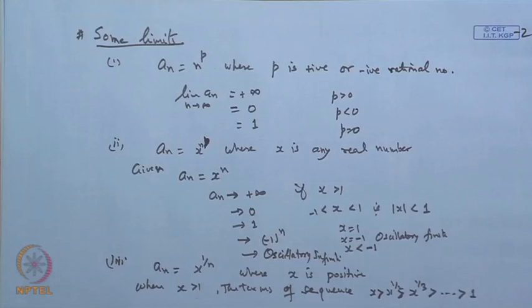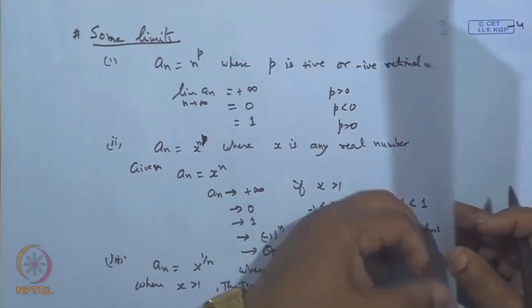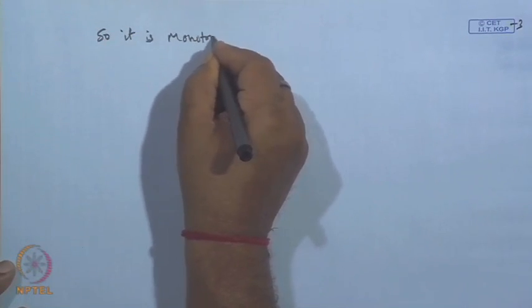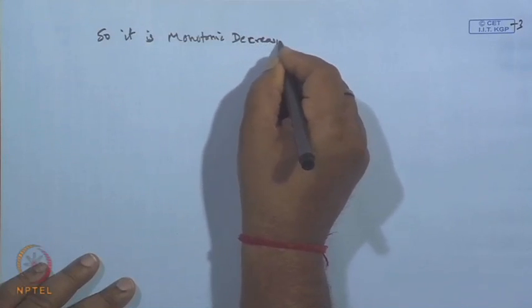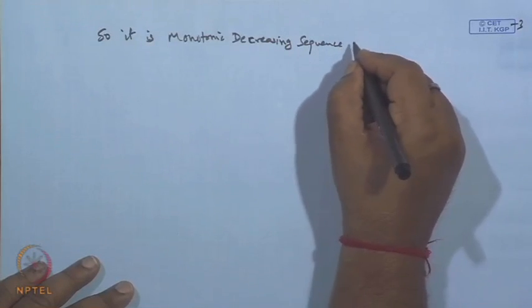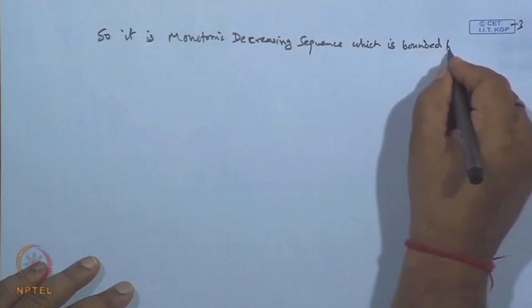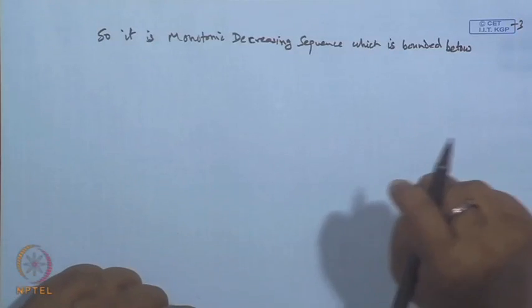It means it is a monotonic decreasing sequence bounded below, is it not? So, it is a strictly decreasing sequence which is bounded below.